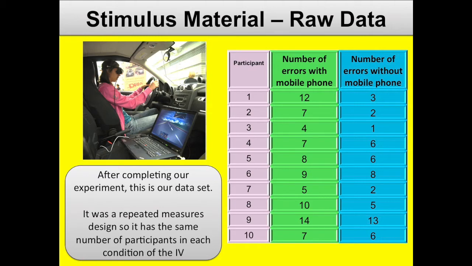And once the experiment has been done, so all the participants have been in the driving simulator with a mobile phone and without a mobile phone, and all the numbers of driving errors have been calculated, then you create the data set. If you look at this table, you can see the grey column shows you the number of participants, so that's our number of scores. The green column shows you the number of errors made while the participants had a mobile phone, and the blue column shows you the number of errors made without a mobile phone.